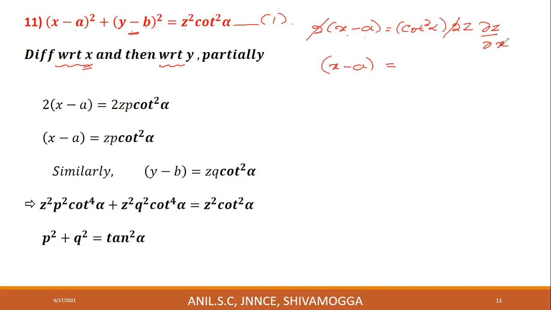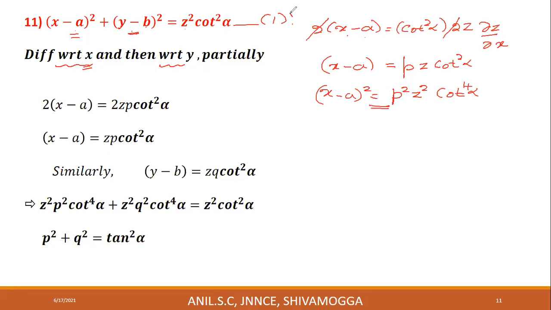Del z by del x is denoted by small letter p, into z into cot square alpha. And what is required here actually? x minus a whole square. Therefore, x minus a whole square is equal to p square into z square into cot alpha power 4. This is one result.